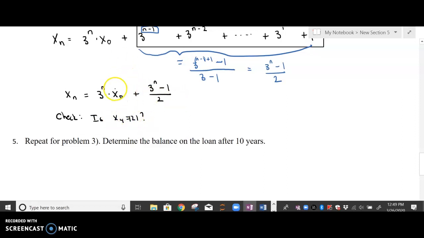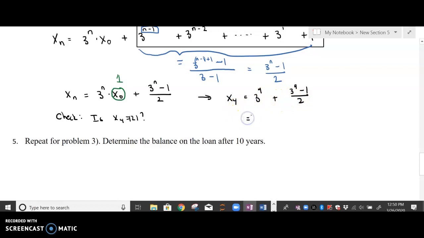I know that x_0 is going to equal 1 because that's my initial value in the sequence. To get x_4, I take 3 to the 4th multiplied by my initial value, which is just 1, so I'm not even going to write that. I'll leave it as 3 to the 4th, plus the fraction 3 to the 4th minus 1 over 2.